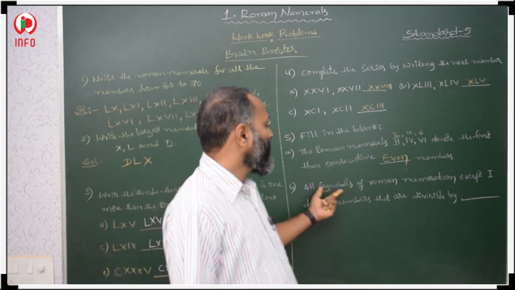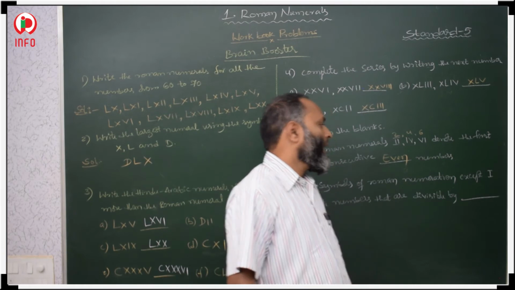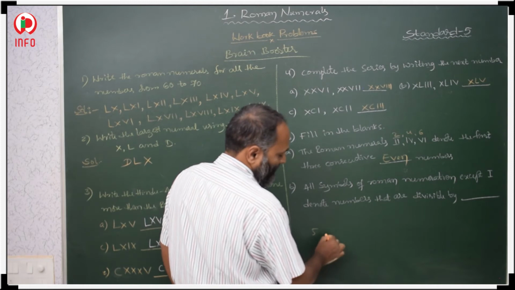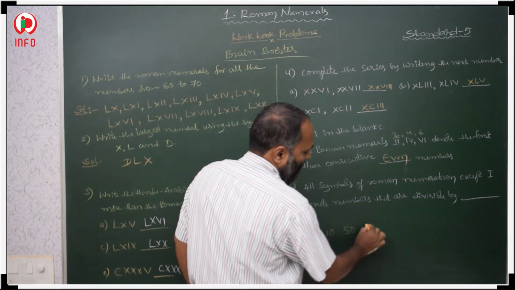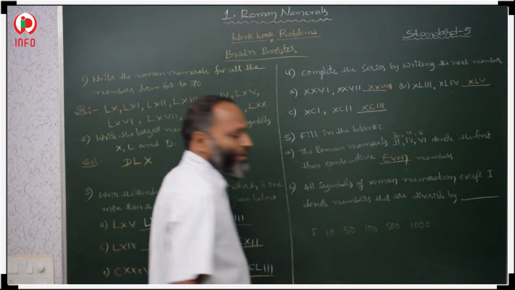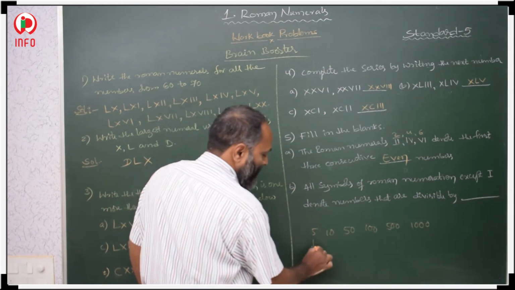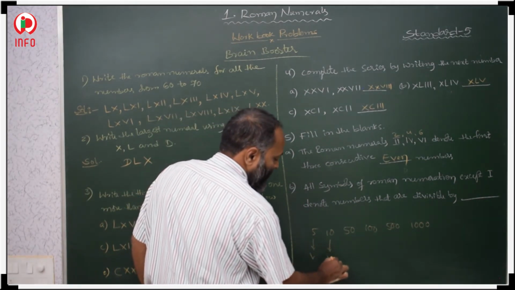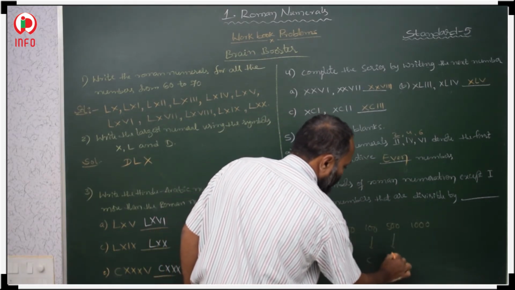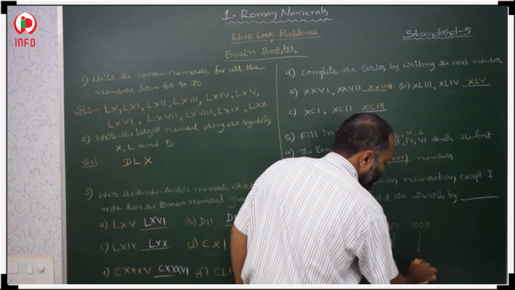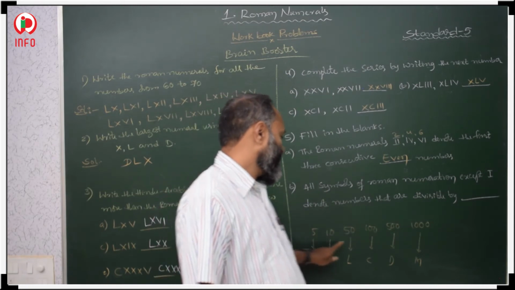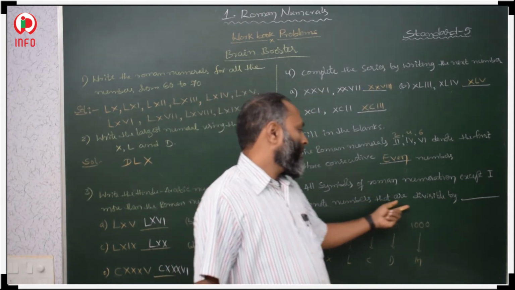Now, all symbols of Roman numeration except one. Don't take one. Other than one: 5, 10, 50, 100, 500 and 1000. The representation of 5 is V, 10 is X, 50 is L, 100 is C, 500 is D, and 1000 is M. So except one, all these numbers are divisible by what?